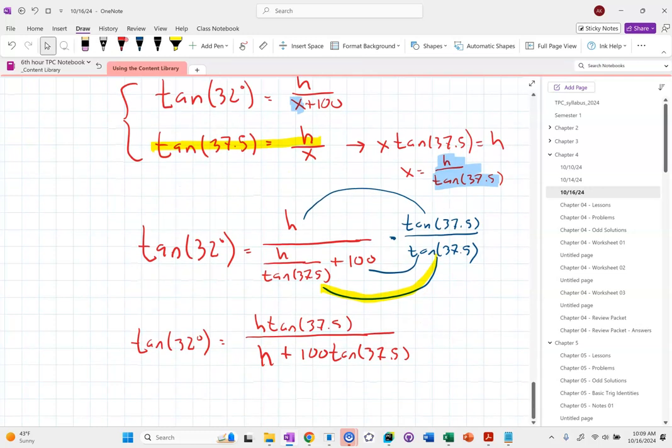Now, the next step is I have to get the h's on one side and everything without an h onto the other.